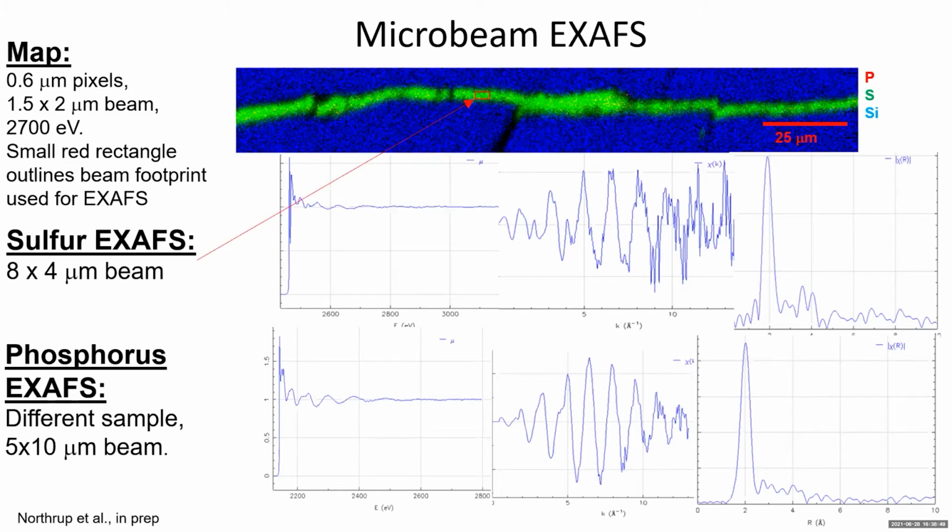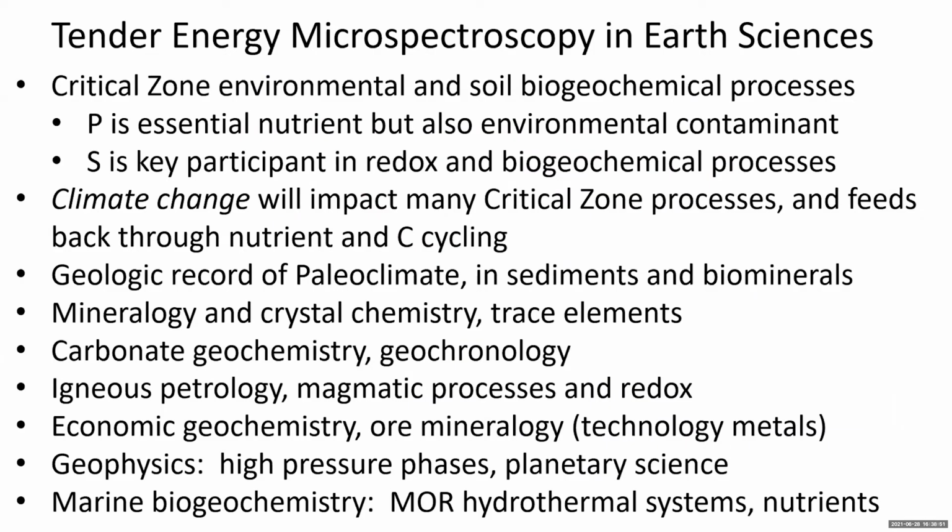So overall, there are a lot of potential applications for tender energy microspectroscopy in earth sciences. Just a brief list here includes critical zone environmental and soil biogeochemical processes. In particular, phosphorus is an essential nutrient, but can also be an important environmental contaminant.